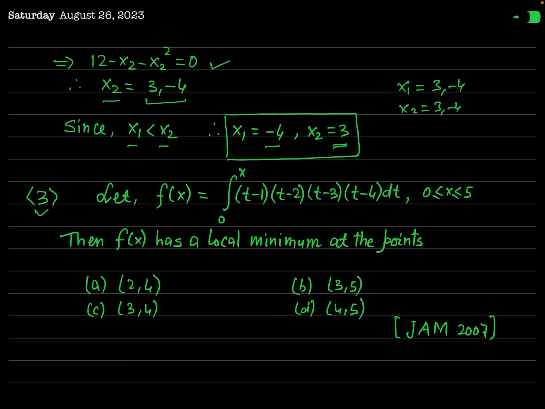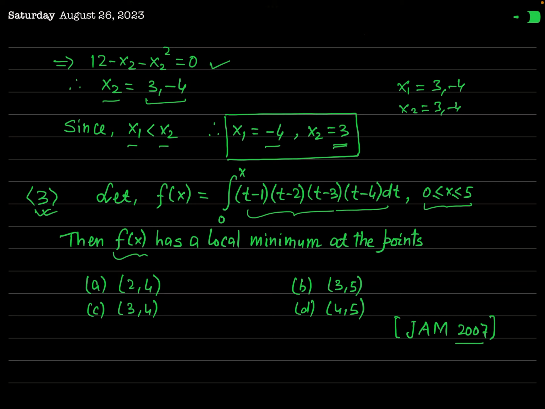Now the third example is similar to the second example, and this problem has been asked in the IIT JAM examination 2007. And you can see the problem. The problem says if f of x equal to integral 0 to x of (t minus 1) times (t minus 2) times (t minus 3) times (t minus 4) dt, where x lies between 0 and 5, that is 0 is less than or equal to x and that is less than or equal to 5, then f of x has a local minimum at the points.